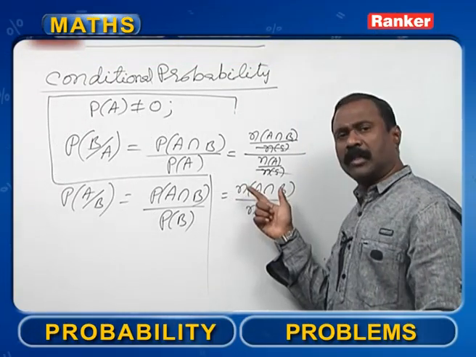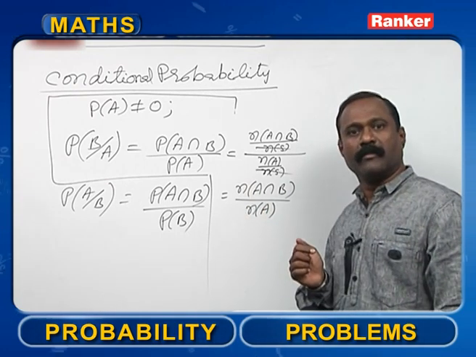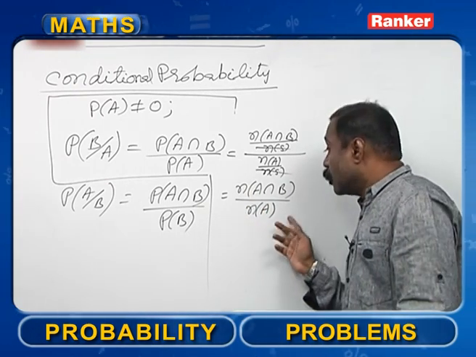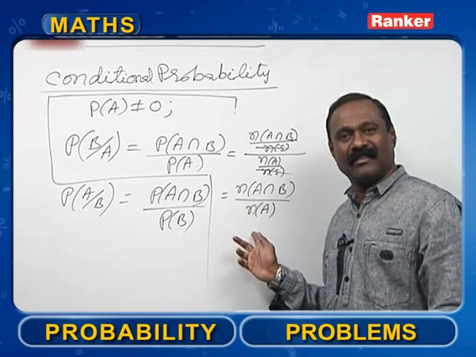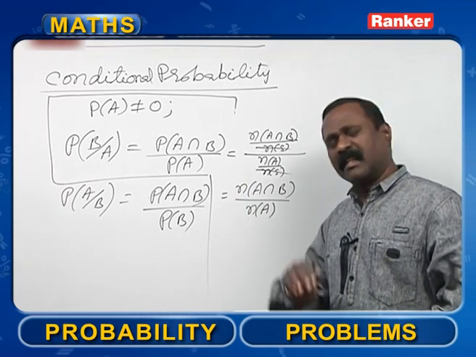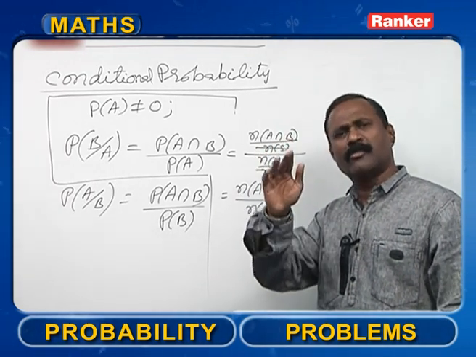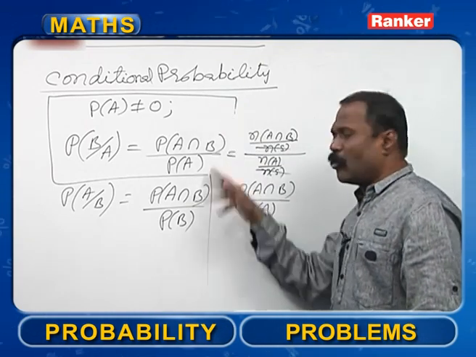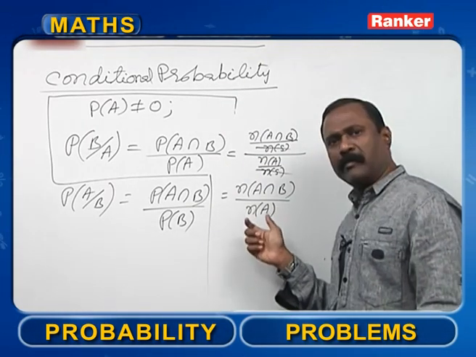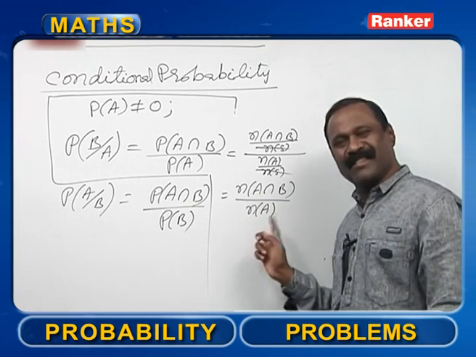Number of favorable outcomes divided by total number of outcomes. But here the denominator is restricted. The classical definition always holds good, but restrictions are imposed and the denominator changes.